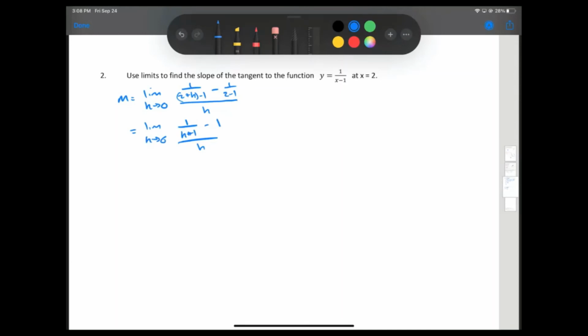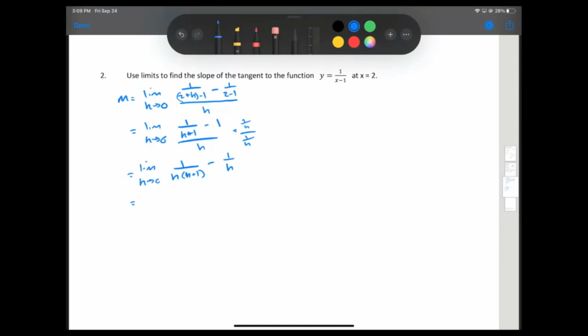Okay, so now what I'm going to do is multiply top and bottom by 1 over h. And what that's going to do is make my fraction on the bottom go away. And on the top, I'm going to be left with 1 over h times 1 over h plus 1 minus 1 over h.